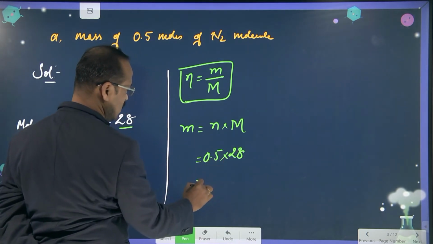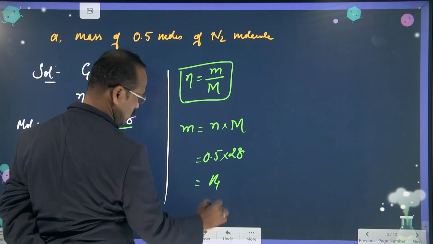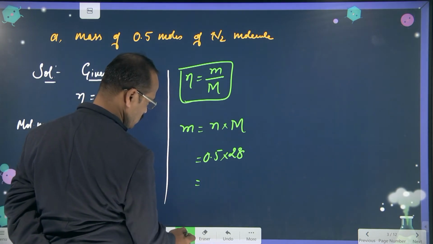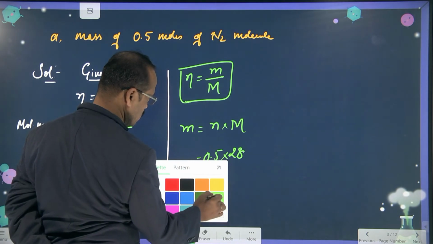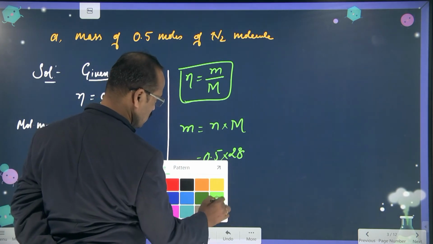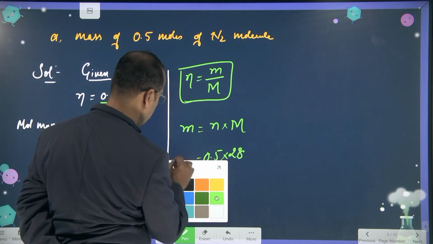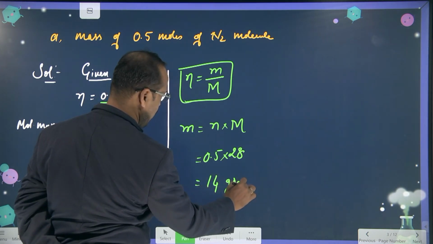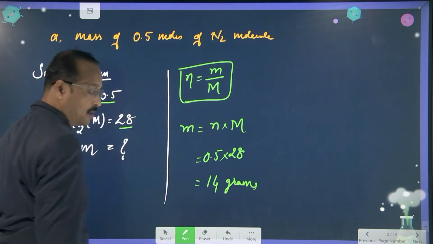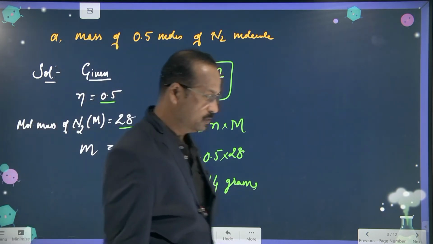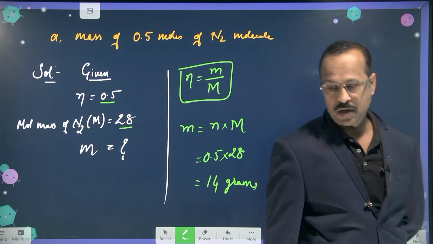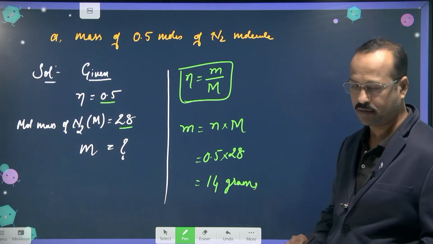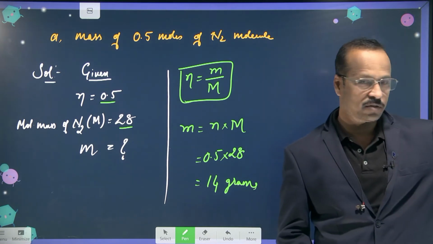So 28 into 0.5 is 14 grams, that's all. Is it clear how to do? In a similar way, go to the next one. First do it in your classwork notebook.